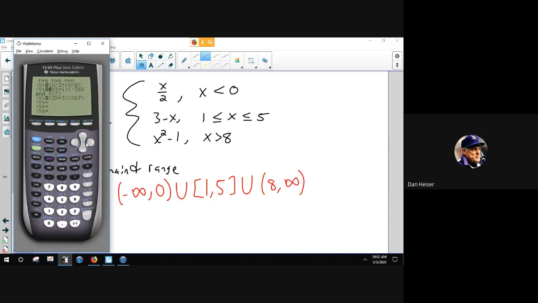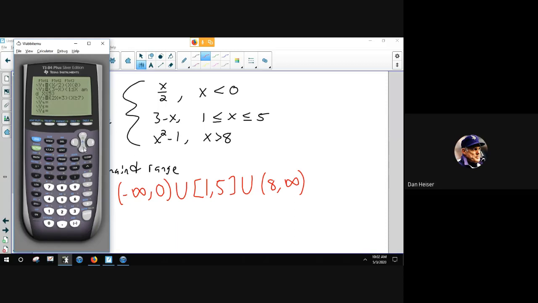The next part says 3 minus x. I can delete that part. 1 less than or equal to x, so that's good. And x, I need to change this symbol to less than or equal to. And then change that number to a 5.